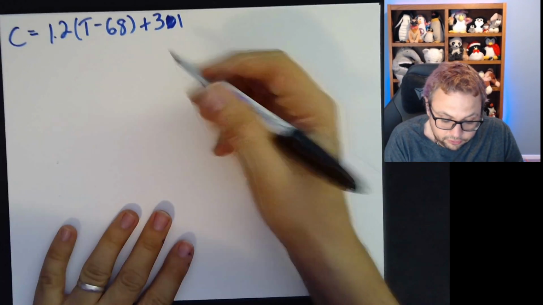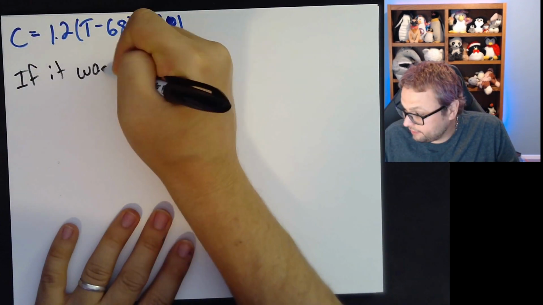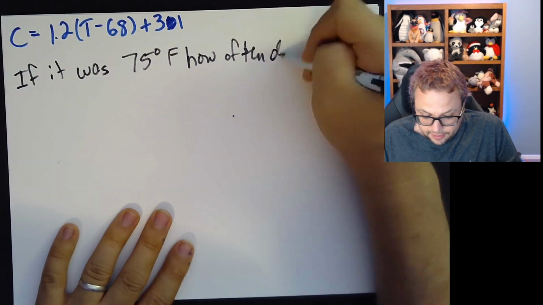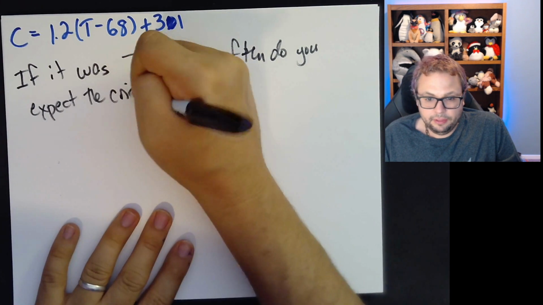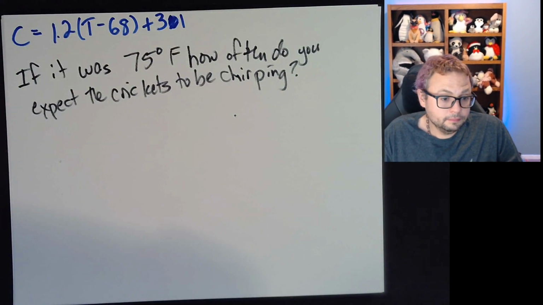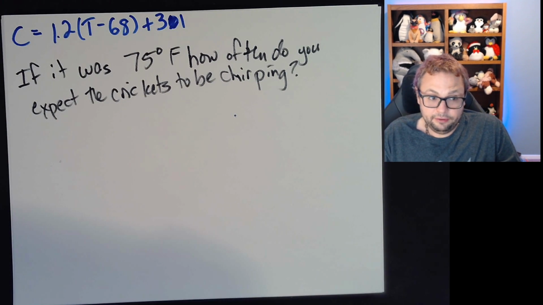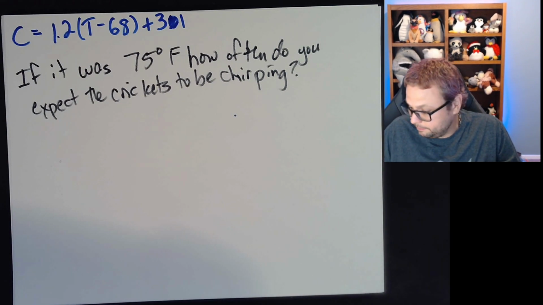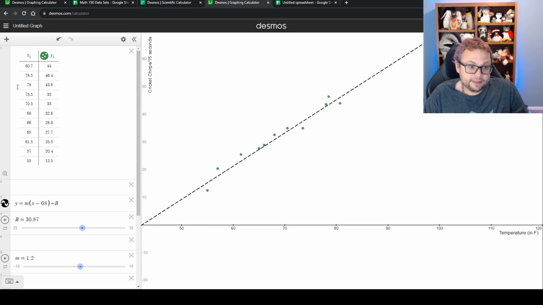Well, we can answer questions like, if it was 75 degrees outside, how often would you expect the crickets to be chirping? So you could look at the data set, and you can see I don't have a 75. I have a number that's at 78 and one that's at 73.5.